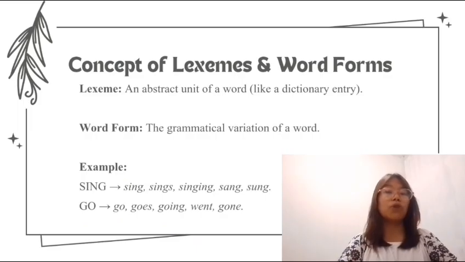Lexeme go, word forms: go, goes, going, went, and gone. Even though went looks very different, it still belongs to the lexeme go. 3. Lexeme read, word forms: read, reads, reading, and written.